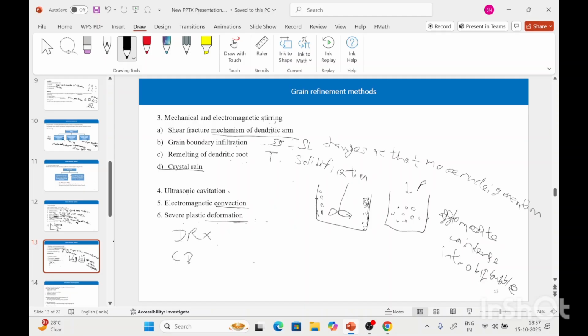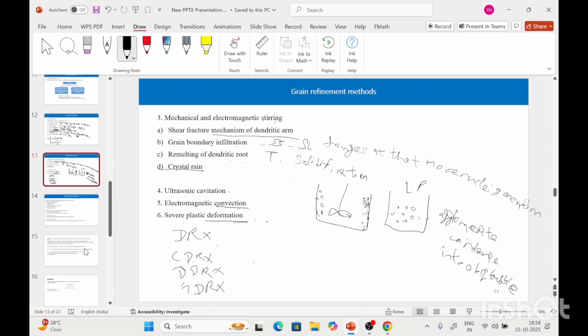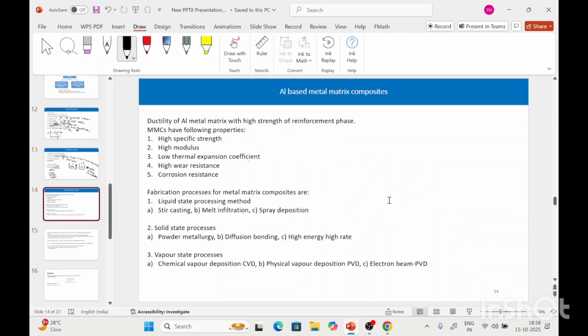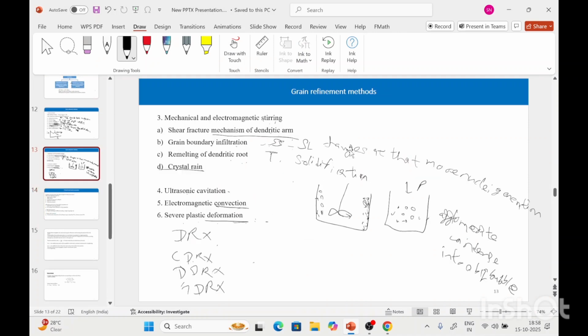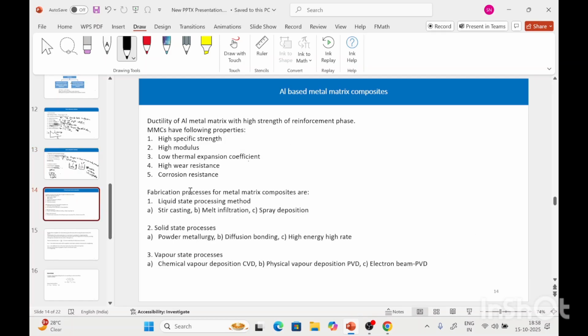In this come CDRX, continuous dynamic recrystallization, discontinuous dynamic recrystallization, and geometric dynamic recrystallization. This is up to the grain refinement methods, and further the aluminum-based metal matrix is studied.